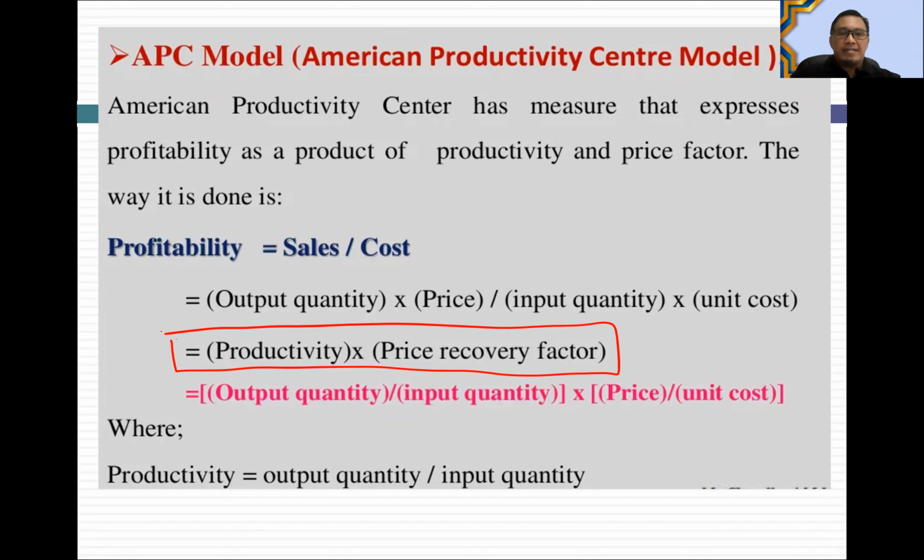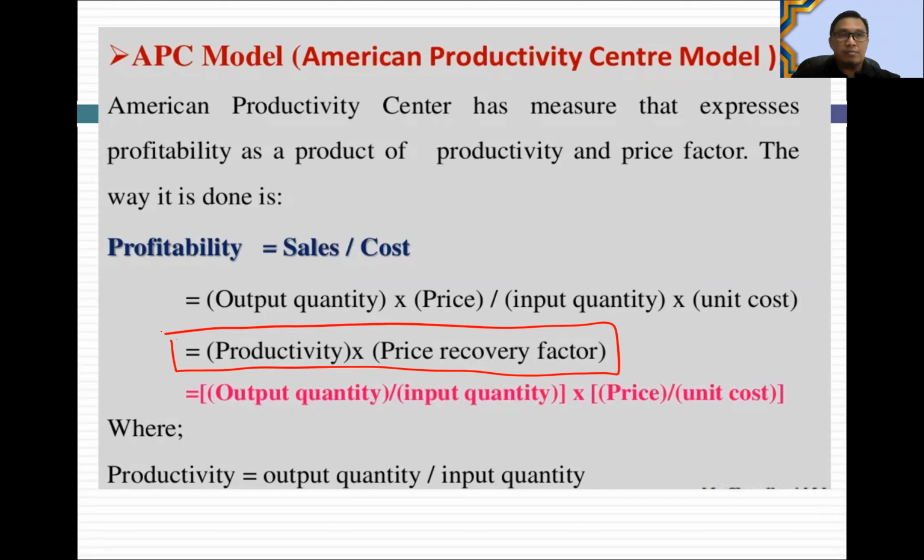According to APC, profitability can be calculated by sales divided by cost, where sales is output quantity times the price, how many outputs produced by an organization. It could be a manufacturing organization or services organization.